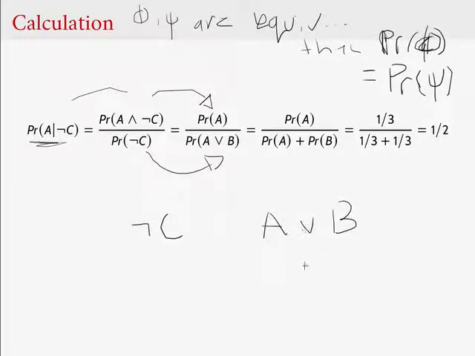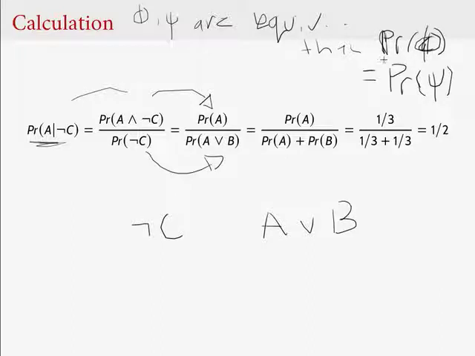And if A or B is true, that is, if the prize is behind either door A or door B, then it's not behind C, because we're assuming that there's only one prize behind one of the doors. So with understanding the setup, we understand that not C is equivalent to A or B.